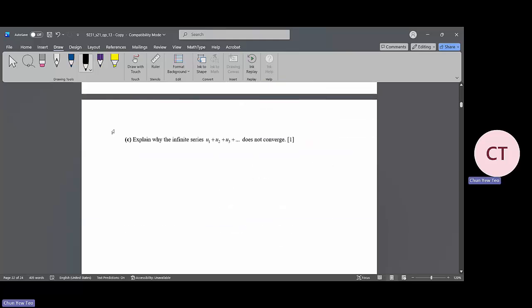They want you to explain why the infinite series u_1 plus u_2 plus u_3 and so on does not converge. You just need to mention that as n goes to infinity, tan(n+1) fluctuates between negative infinity and infinity.